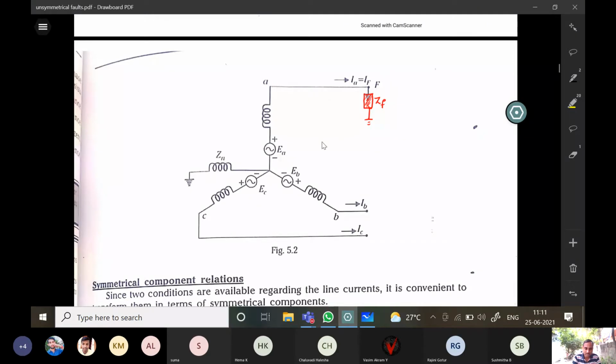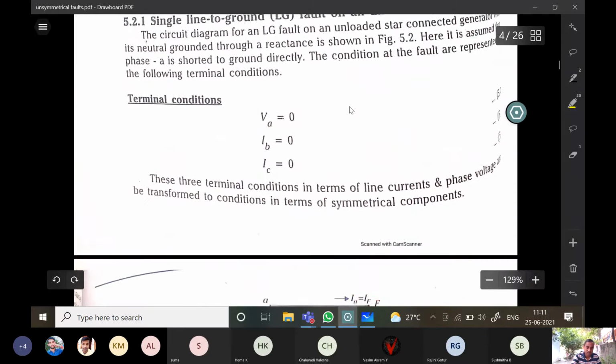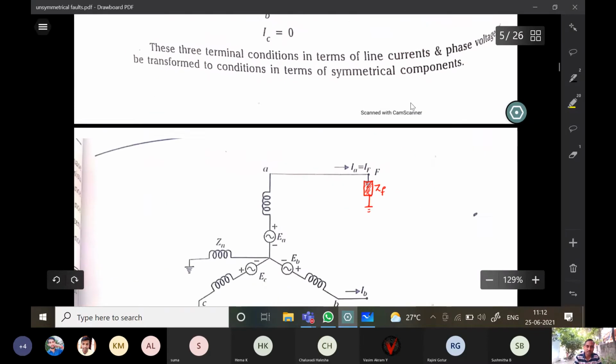So remaining things are all the same, and your terminal conditions become, VA is not equal to 0 in this case. So VA can be written as the voltage across this terminal, VA, is equal to the current flowing here, IA, multiplied by ZF.